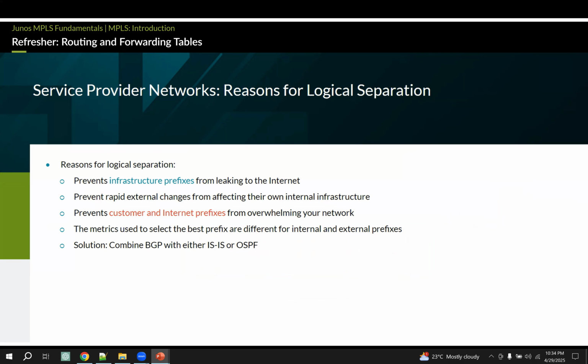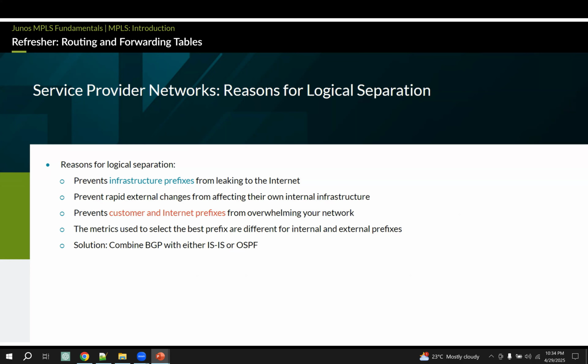It prevents rapid external changes from affecting your own internal infrastructure. It prevents customer and internet prefixes from overwhelming your network. The metrics used to select the best prefix are different for internal and external prefixes. Solution: combine BGP with either ISIS or OSPF.